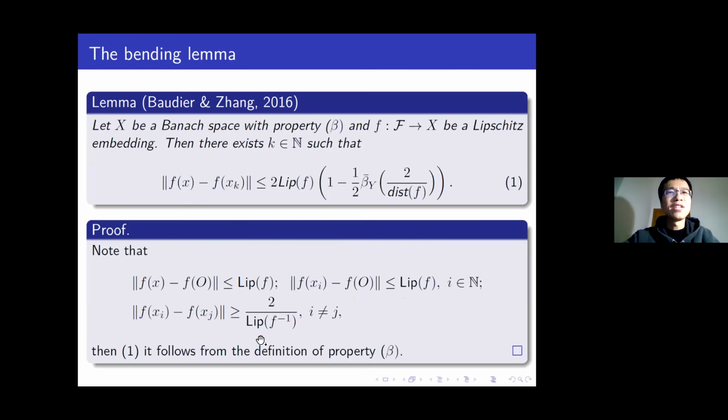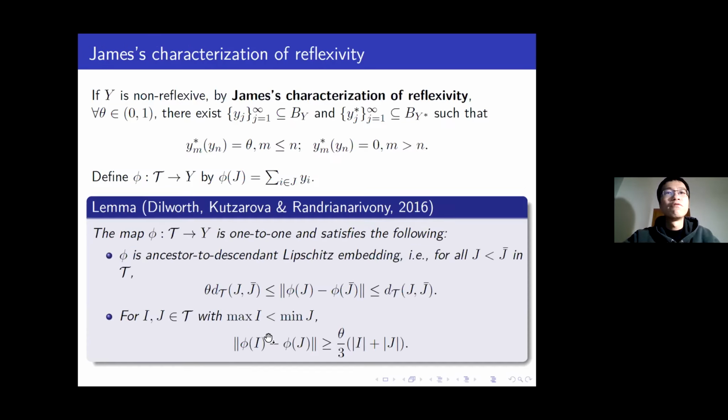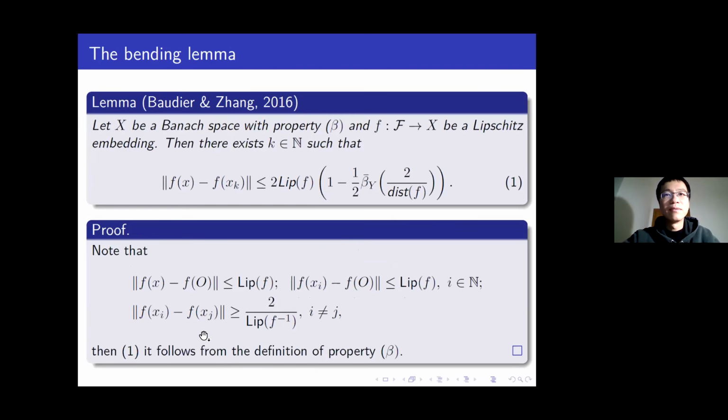Tips in the tree are not necessarily far apart when you do the self-improvement argument. So phi actually doesn't satisfy the third inequality. But it's okay, I think.